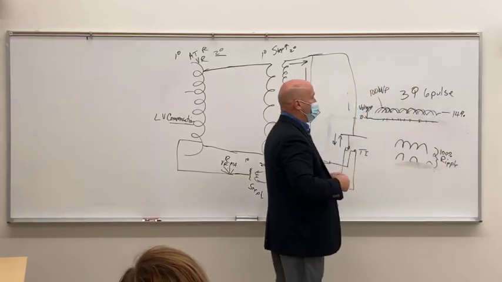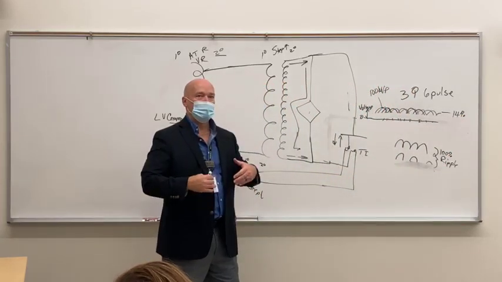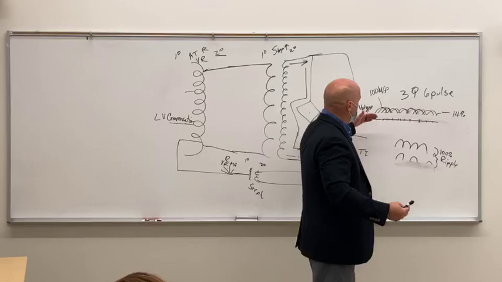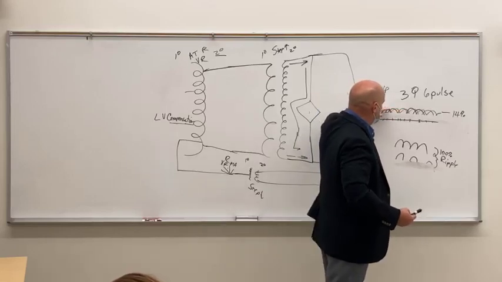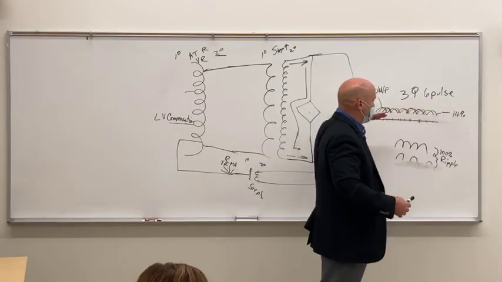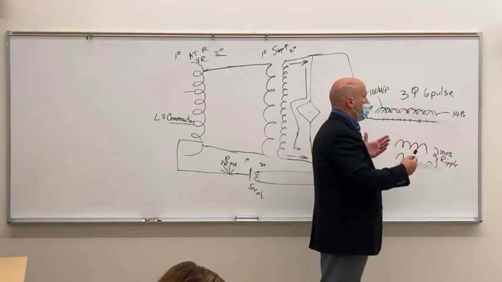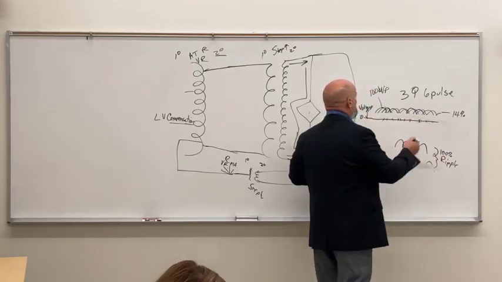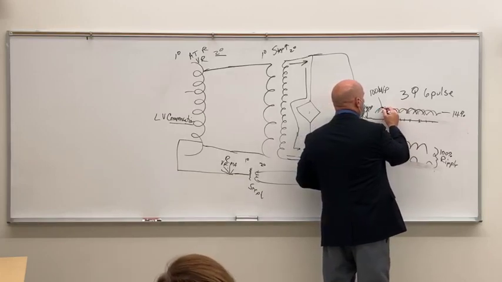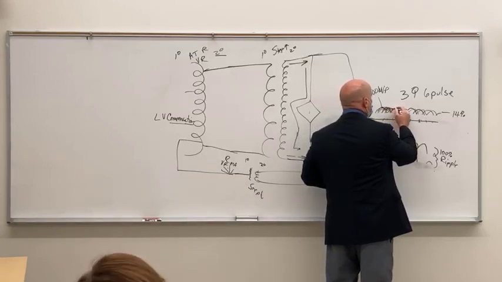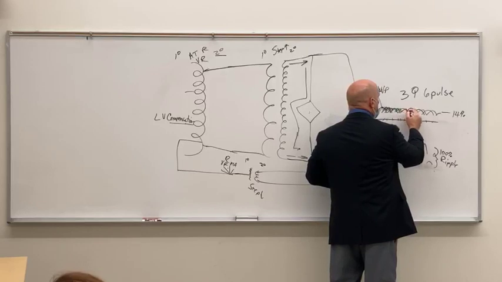All right, so what if we could increase the average even more? What if we could increase the number of pulses in between each one of these and reduce it even more?